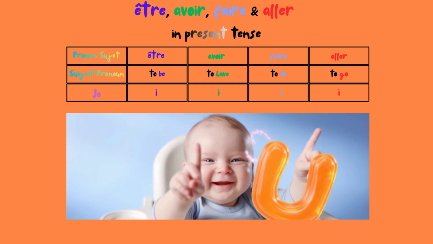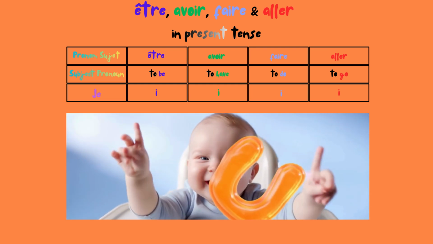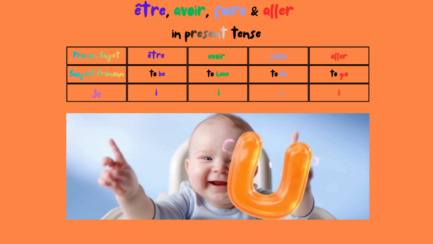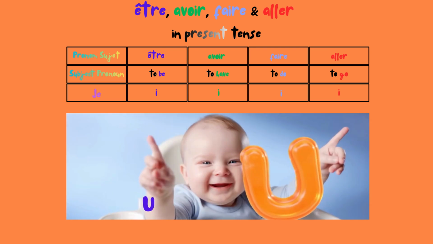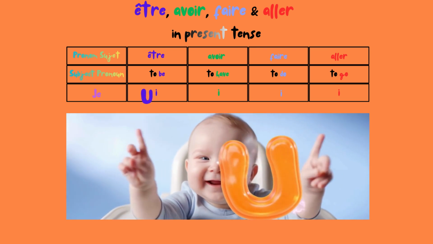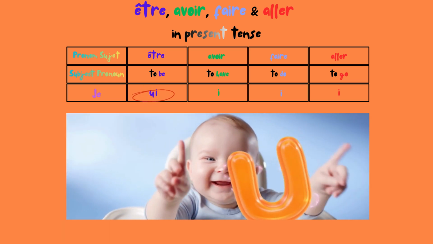To whom am I talking? I am talking to you. You. So let's add you to I under to be, immediately in front of I. Note, both the letters U and I are vowels.